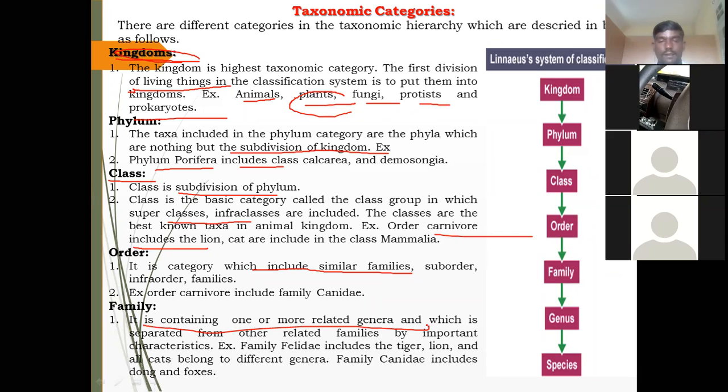Family Canidae includes dog and fox. You must have noticed. These are carnivorous animals.